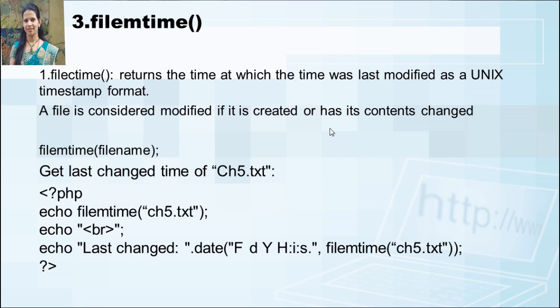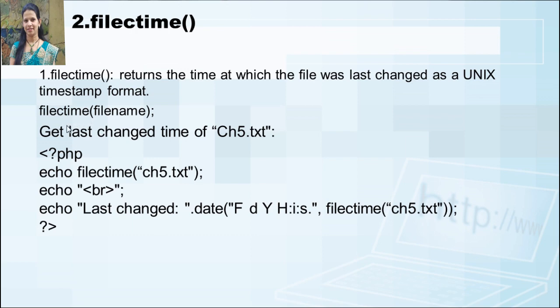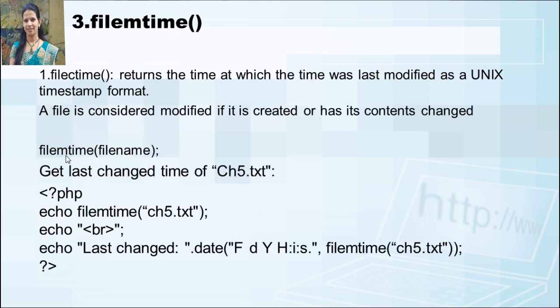And then the same for filemtime. It returns the time at which the file was last modified, as a Unix timestamp. It will return the last modified time, and we are using the same function name, but only the m is here. In the previous example, c was here. Here we are using m for modified, and the same example we are using for filemtime.